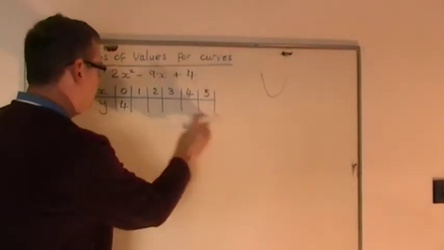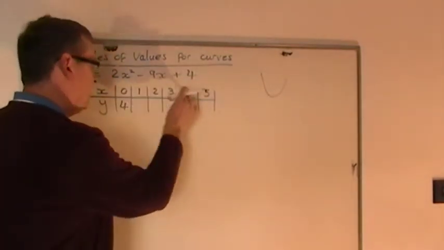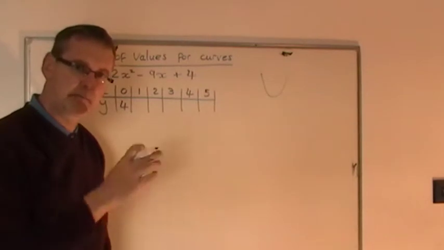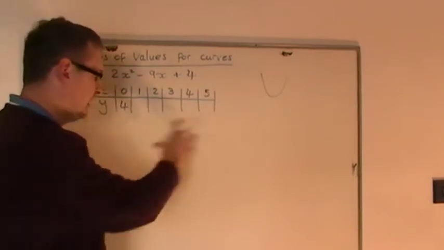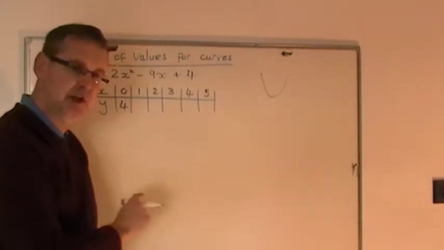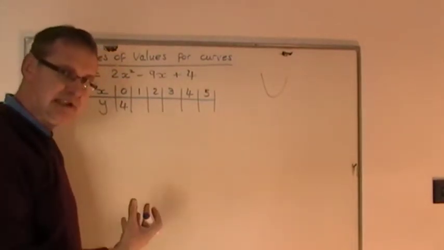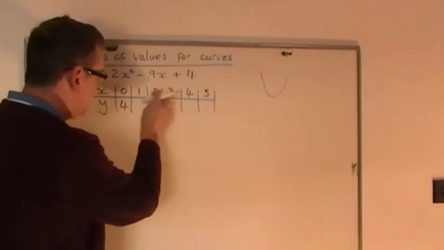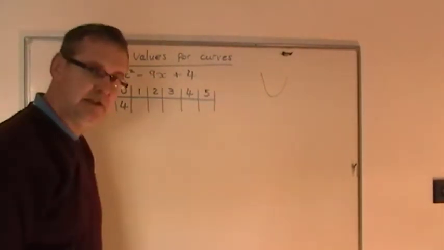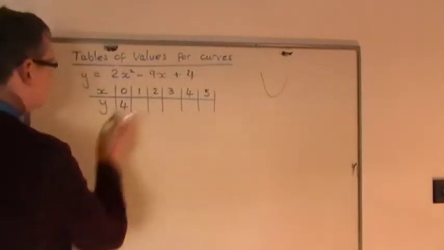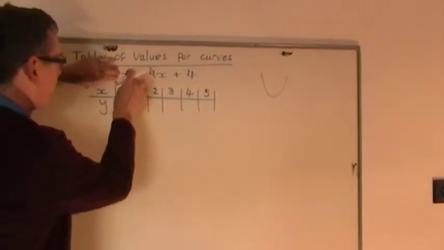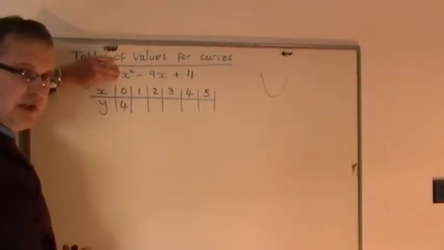Now some of the others, because they're not 0, they're going to be a bit harder to work out. So I might write down some calculation underneath to help you on the others. For x equals 1, I'll do this one again in my head and just talk you through it. But for the others, I'll work out some values for you to see. So if x is 1, you work out 1 squared. 1 squared is 1.